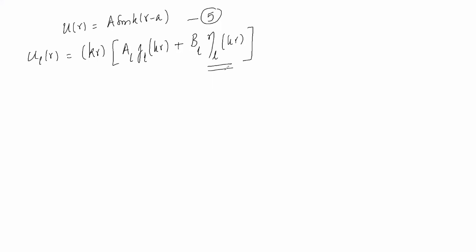That region is not penetrable. Therefore, today we have to stick with both the solutions, a spherical Bessel function as well as a spherical Neumann function, and that is why I am writing the solution as a linear combination of A_l j_l(kr) plus B_l η_l(kr).